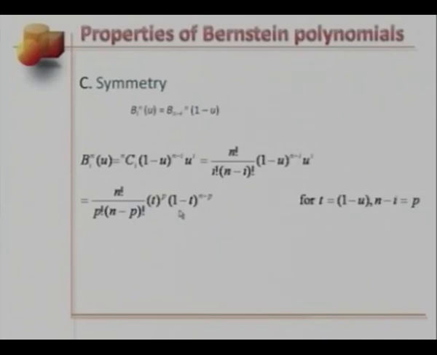This expression further becomes n combination p times (1 minus t) raised to n minus p times t raised to p, which is in fact the pth Bernstein polynomial of degree n. And if we replace p here and t here, we get b sub n minus i super n of 1 minus u, which is the right-hand side here.